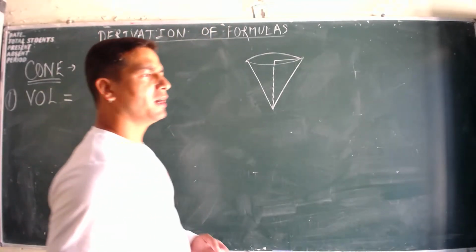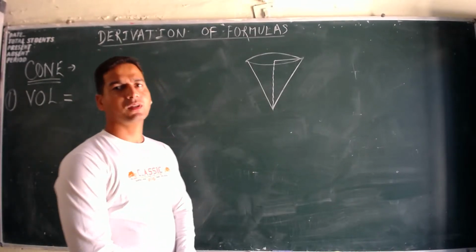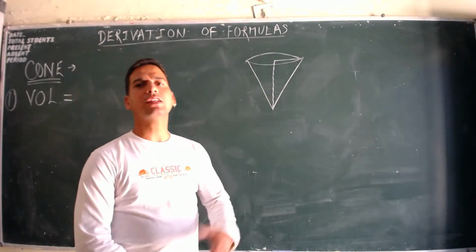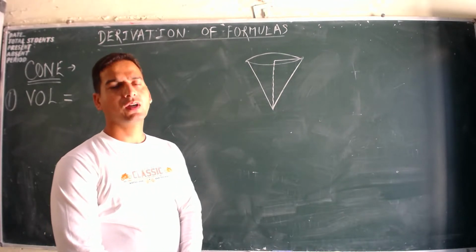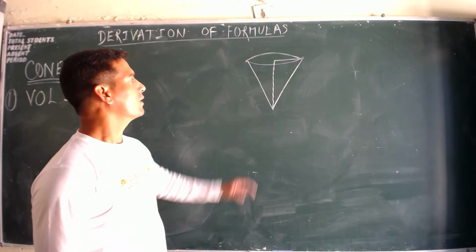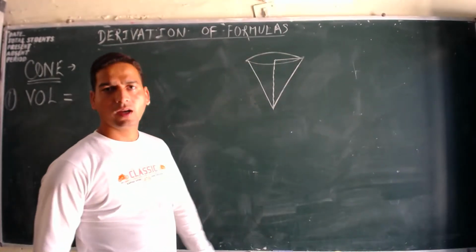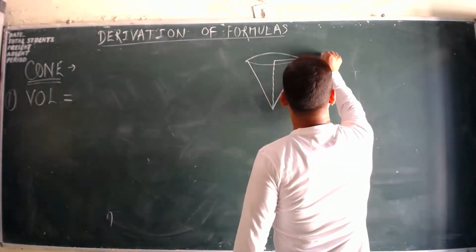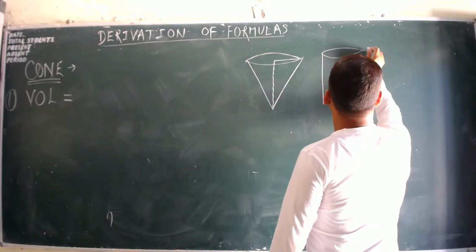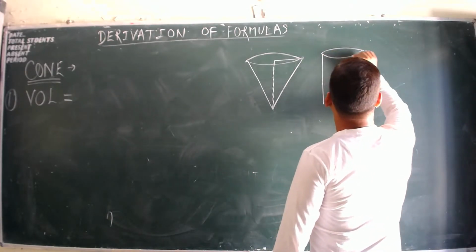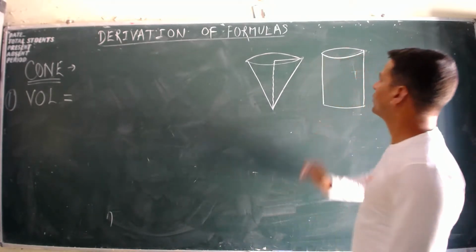Before coming to the volume, I just want to tell you about the equivalent figure. Equivalent figures have the same edges, equal edges. Here I am taking the equivalent figure of the cone, a cylinder. How can a cylinder be equivalent to a cone?